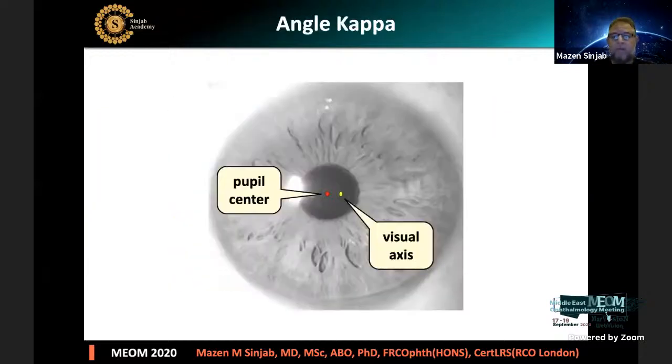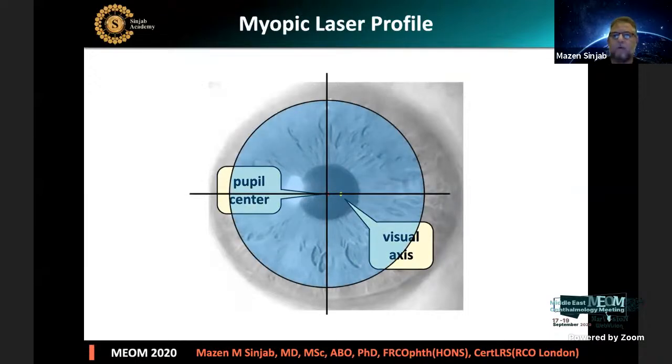Then we come to angle kappa. Angle kappa is very important to be taken into consideration in order to centrate the laser profile with the visual axis rather than the pupil center. Because as we know, the laser machine detects the pupil, and the laser profile will be applied based on the pupil rather than the visual axis, unless we do a shift.